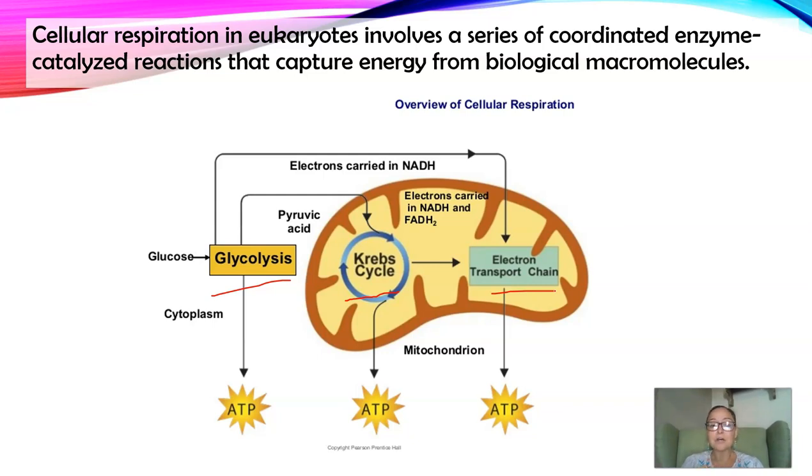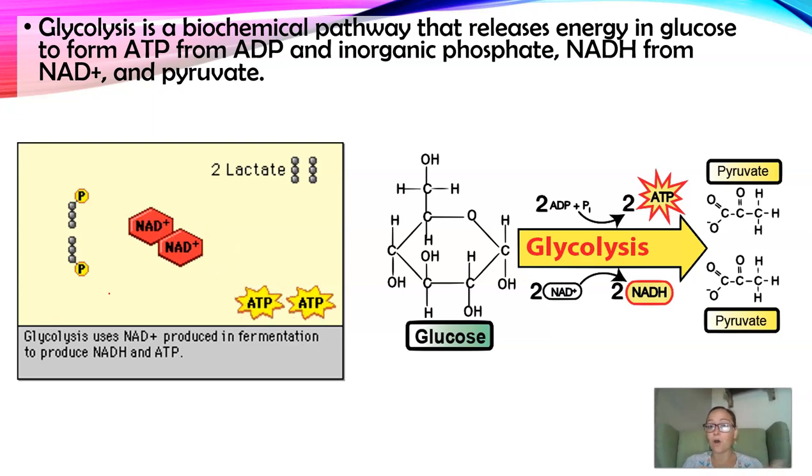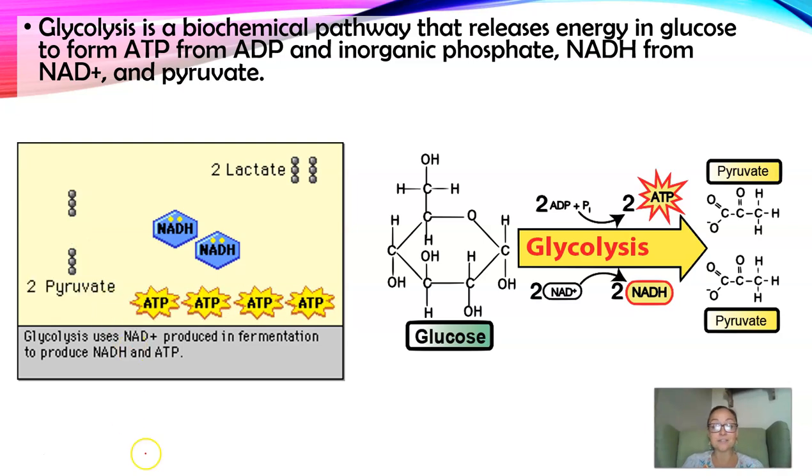Now, the Krebs cycle and electron transport chain are only happening in aerobic respiration, so we'll also discuss what happens out here in the cytoplasm following glycolysis if it's anaerobic conditions. So first, glycolysis is a series of 10 steps, all using enzymes that basically are going to start with our 6-carbon glucose.